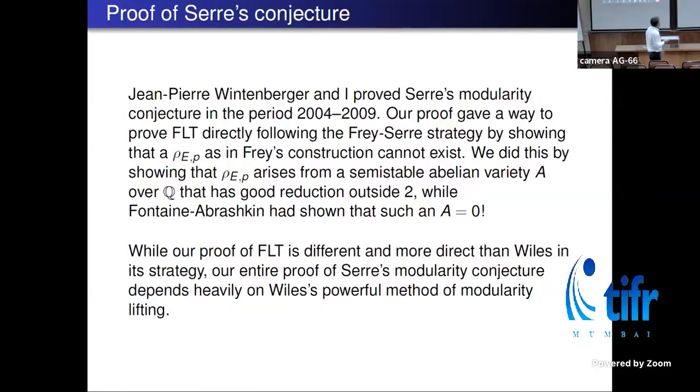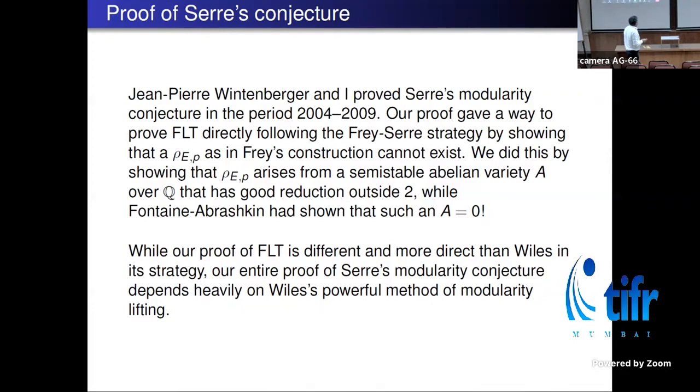So one could try to show that this mod p representation coming from the Frey elliptic curve in fact comes from maybe another abelian variety, maybe of higher dimension, but that has good reduction outside 2 and semi-stable reduction at 2. So you try to make the mod p representation come from a geometric object which has the same ramification properties as the residual representation. So one of the key steps in our proof of Serre's conjecture is to prove such statements.